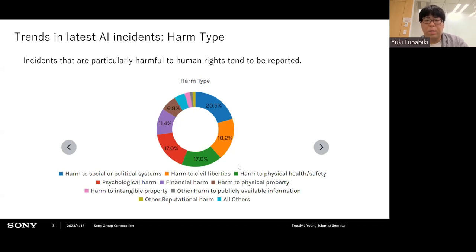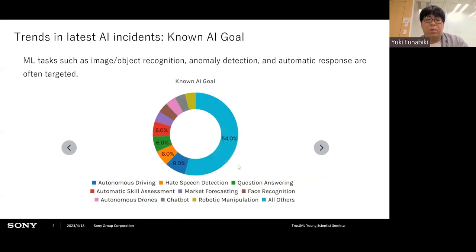these harm types. The second topic is the AI goal. AI systems and tools are widespread in all use cases, and this is one example. You can find very famous machine learning tasks, such as autonomous driving, hate speech detection, and chatbots. For these tasks, AI incidents have already been found.